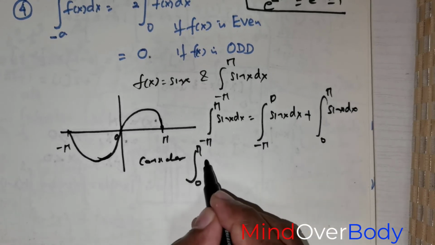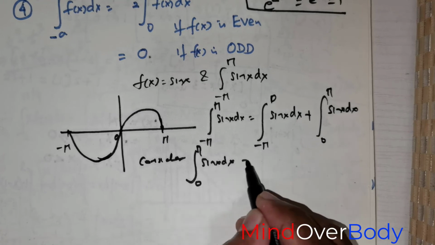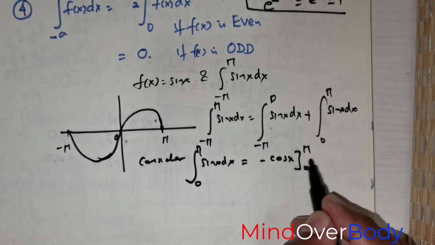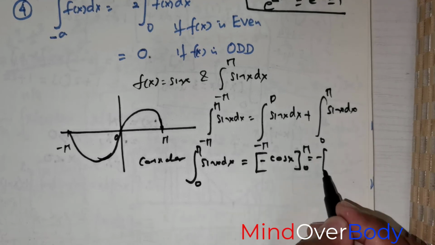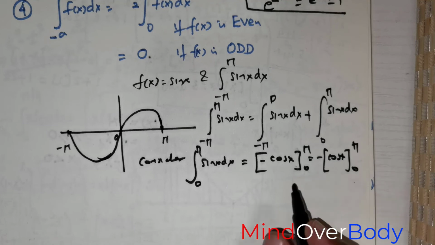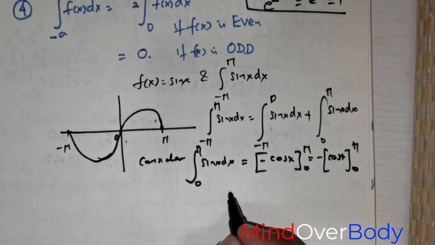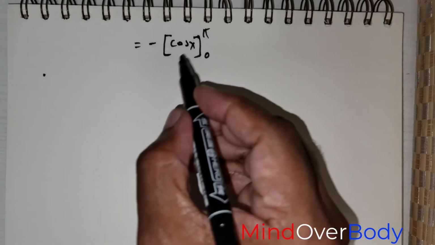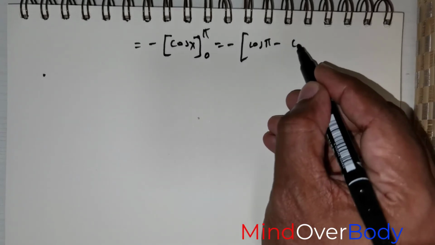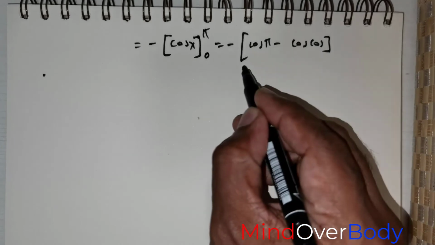Now let me just consider integral 0 to pi sine x dx. Now if I were to integrate this, I would get negative cos x. The limits are 0 to pi. I can take the negative sign out, and that would give me negative of cos x, limits of 0 to pi. I apply the limits. So applying limits is going to be negative of cos of pi, negative cos of 0.